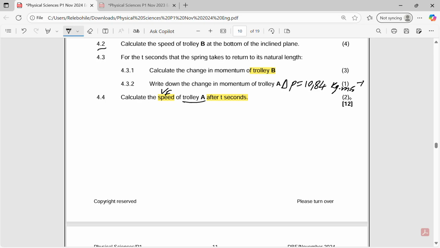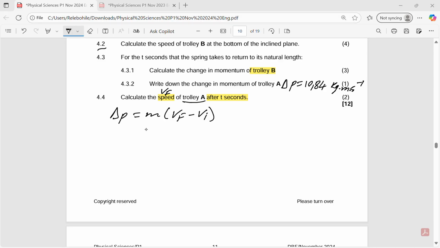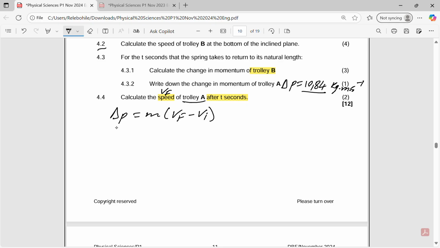What does this mean? This means that we can use that formula, delta P is equal to M in brackets VF minus VI, to find this velocity. How are we going to do that, guys? Where we see delta P, we know that's our change in momentum, and its value is 10,84.